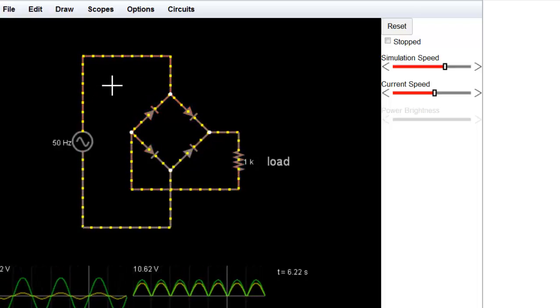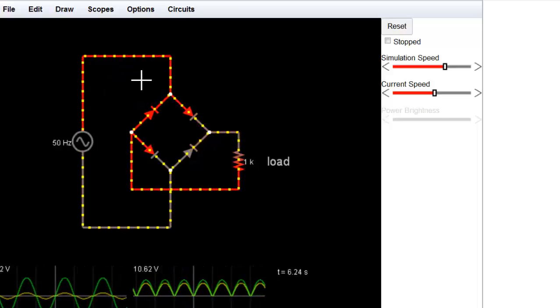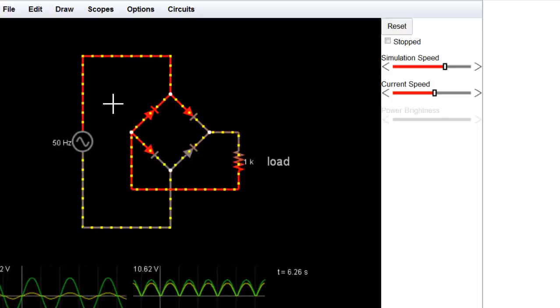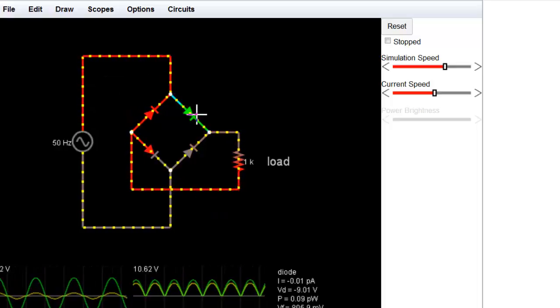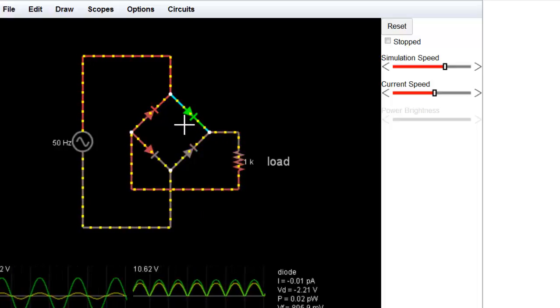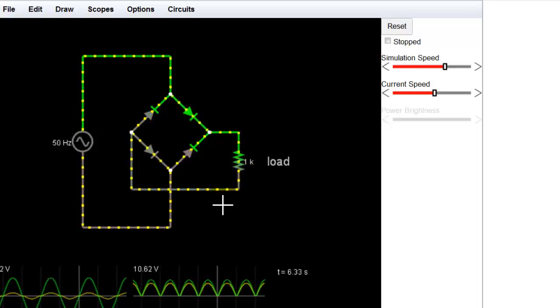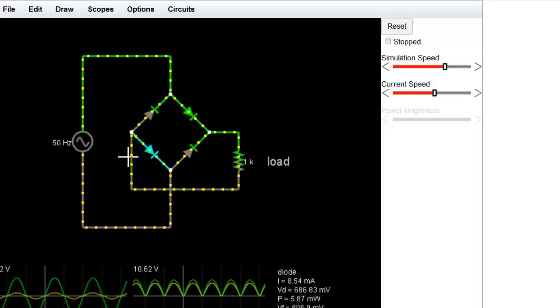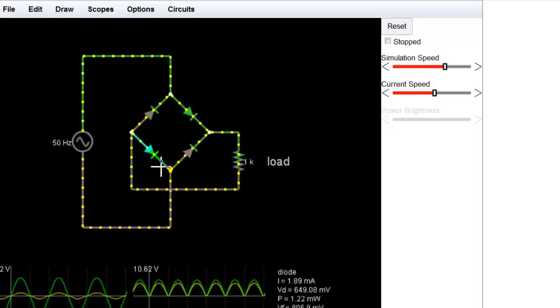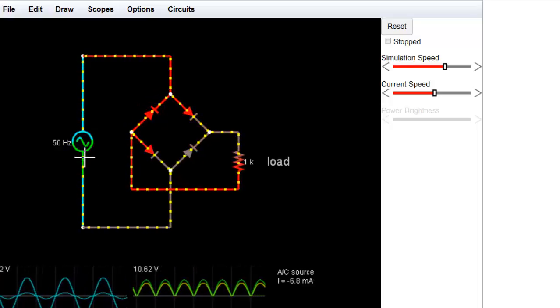So we can see the green color: when the positive pulse is passing, this diode gets activated because it is forward biased, and it flows to the circuit, and then this is given back through this diode and goes back to the supply.